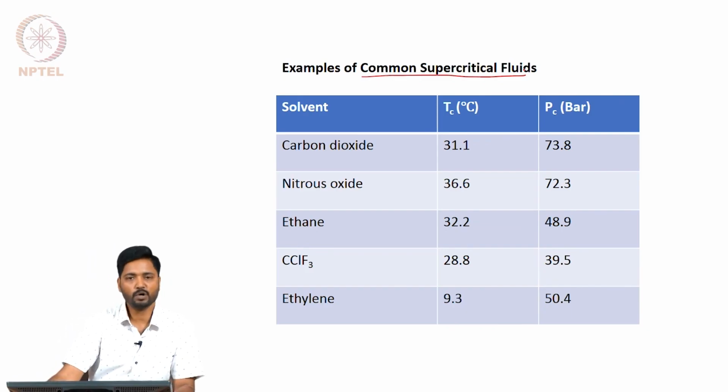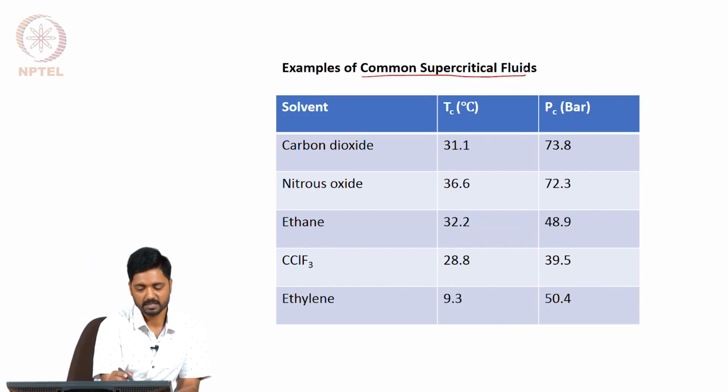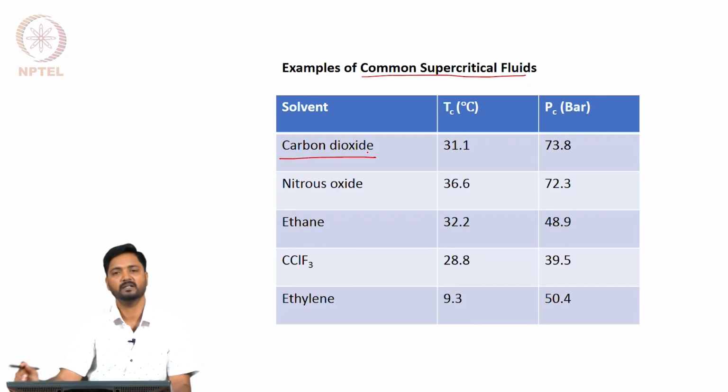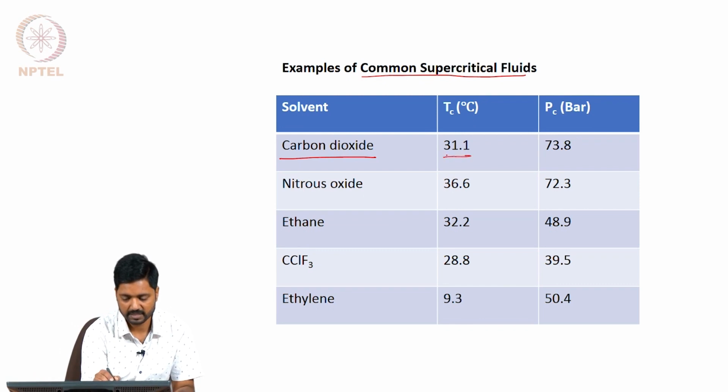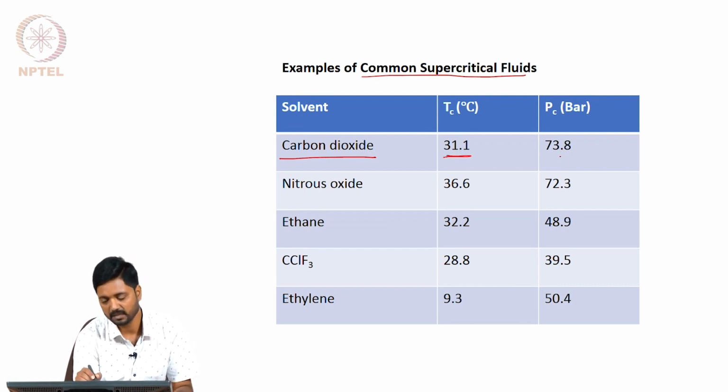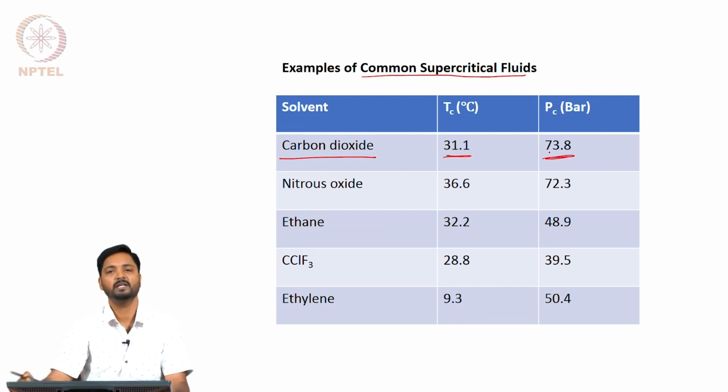So, the most common example in this case is that of carbon dioxide, which has a critical temperature of 31.1 degrees Celsius and a critical pressure of 73.8 bars.